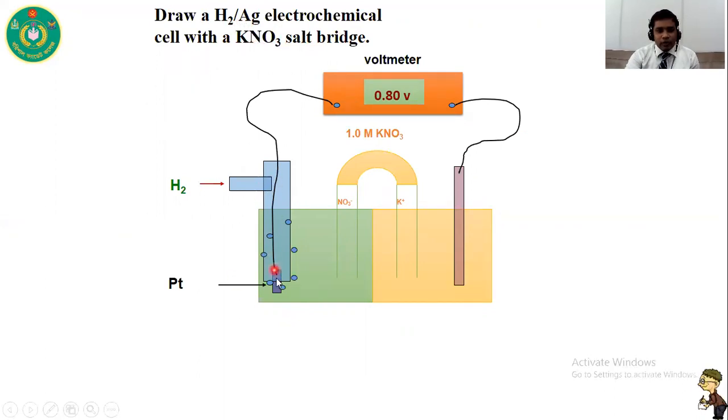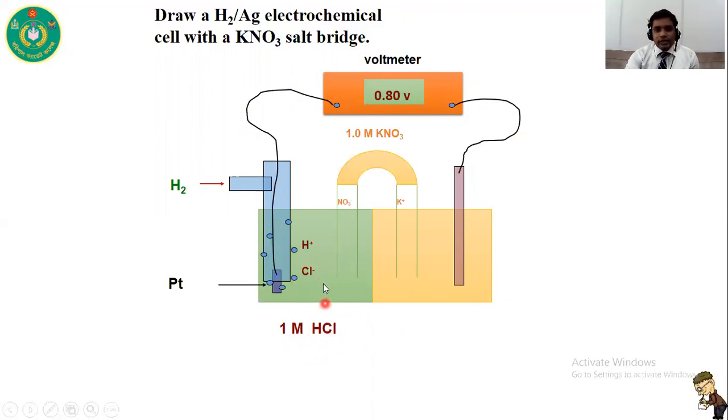This is the platinum wire, connected with the silver electrode, and hydrogen gas is passed through the electrode, and the concentration of the solution must be 1 molar.